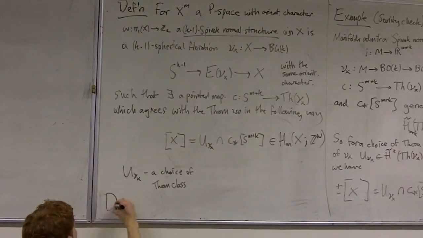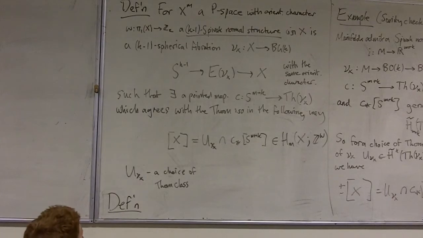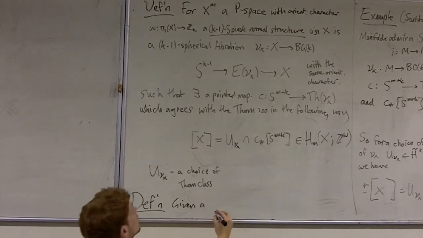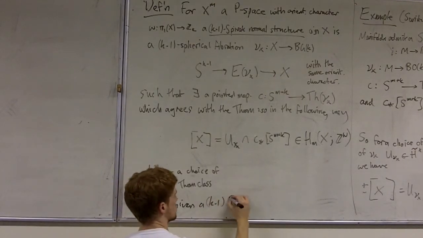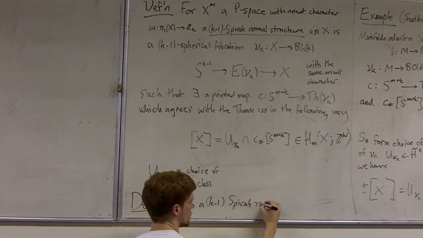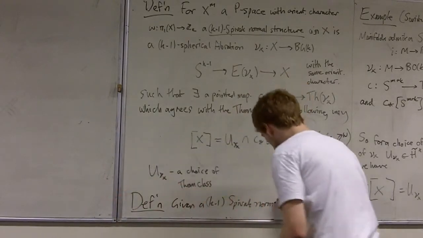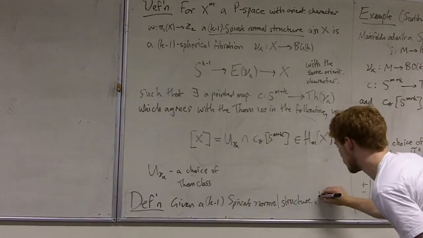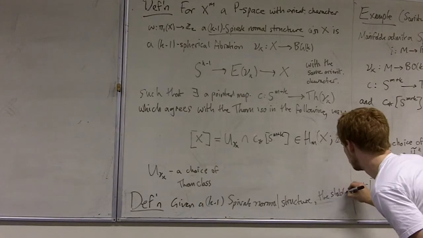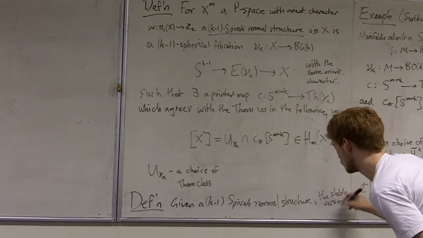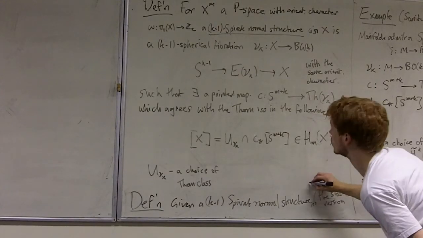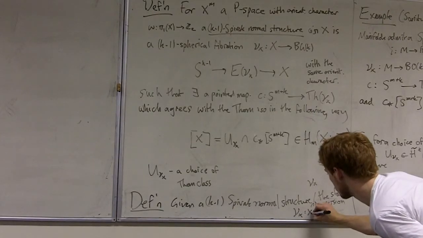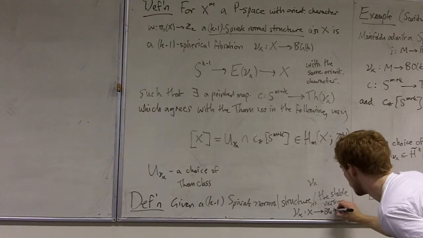Okay, so definition: given a (K-1) Spivak normal structure, say nu_X, the stabilization nu_X takes X to BG_K and then includes that into BG.